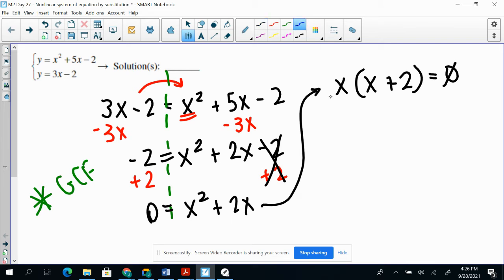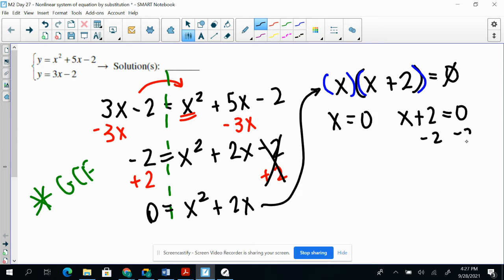So we're going to take each factor, so that's 1 factor, 2 factors, and set them equal to 0. So x equals 0 and x plus 2 equals 0. This guy's already done. So we know that x is going to be 0. And then x plus 2 equals 0. We're going to subtract 2. And x is going to equal a negative 2.